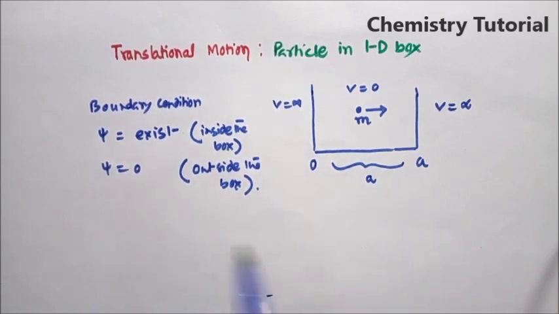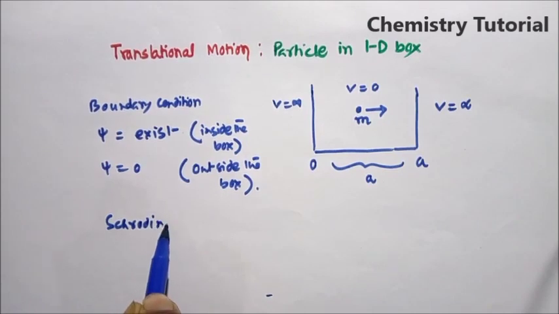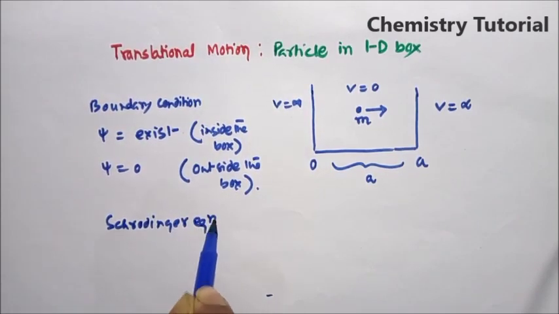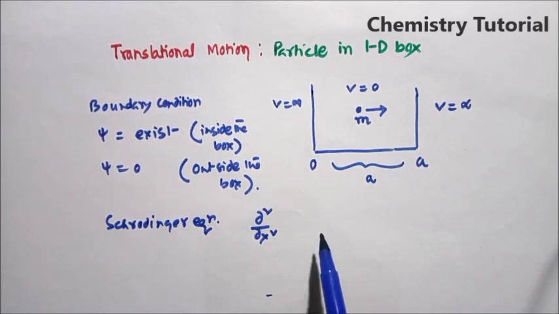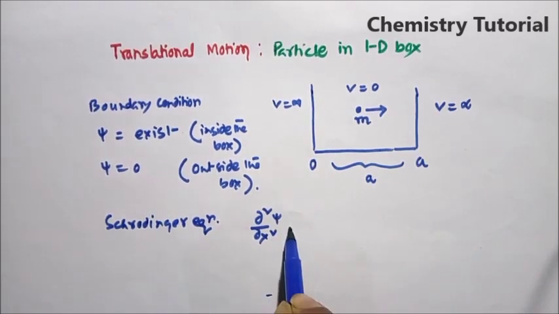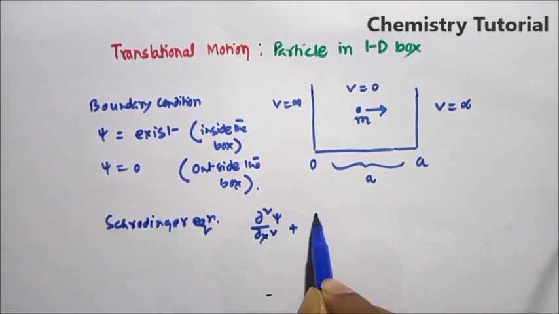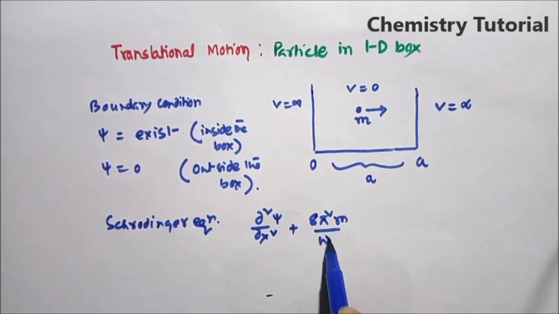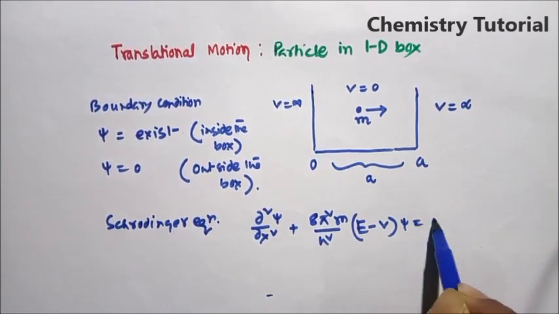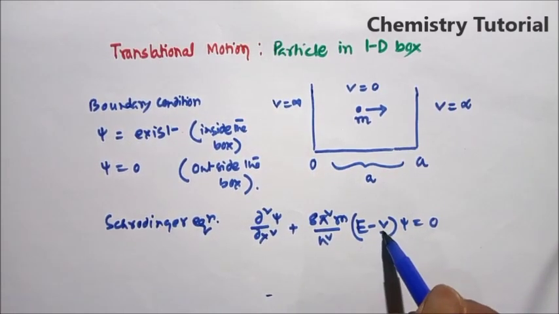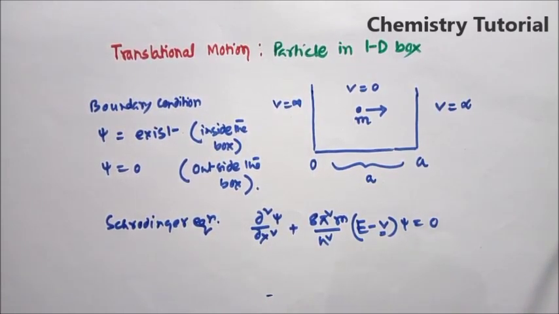So now the Schrodinger equation for such a system we can write as d square psi by dx square, since one dimension is considered, psi is the wave function of the system, plus 8 pi square m by h square into (E minus V) psi equal to 0. We know that this potential energy is 0.